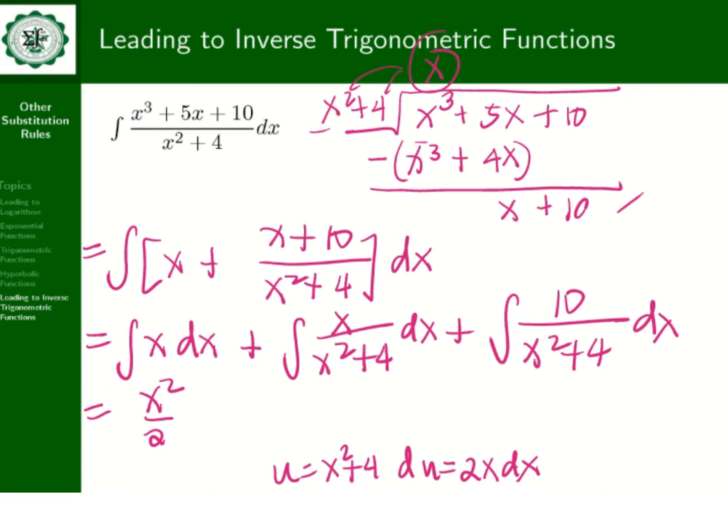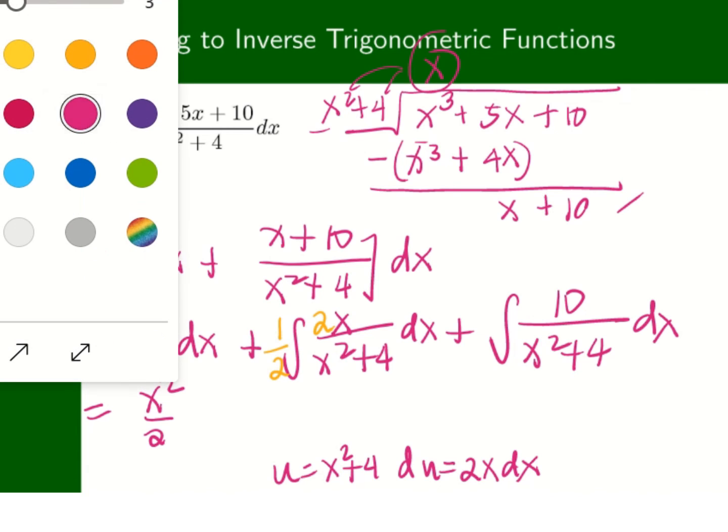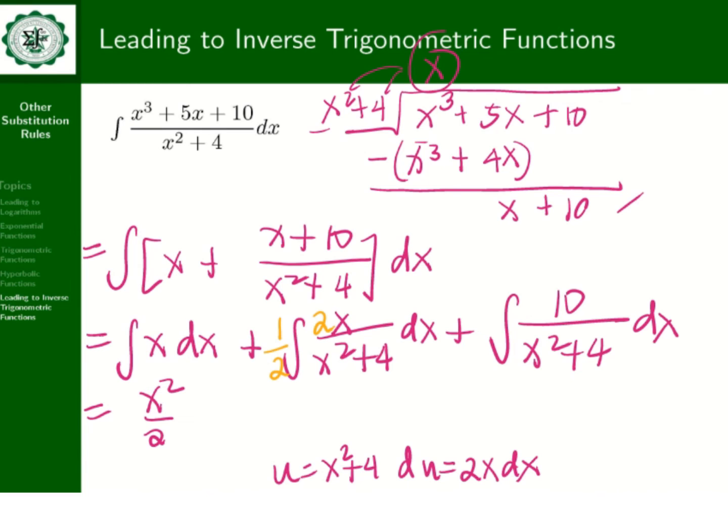First we put 2 in the numerator and then correct that by putting 1/2 outside. Therefore, the result will become 1/2 du over u, the answer of which is ln of the absolute value of u. So we put 1/2 ln of the absolute value of u, and u is x squared plus 4.